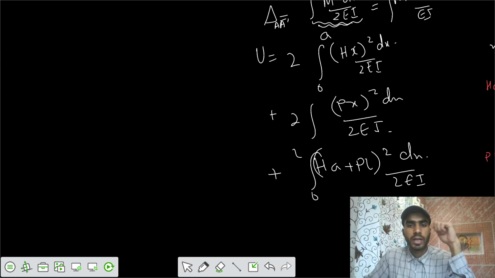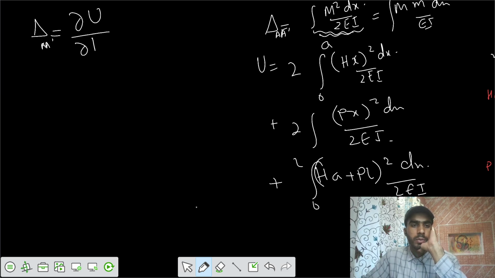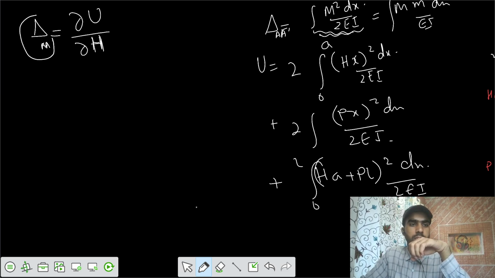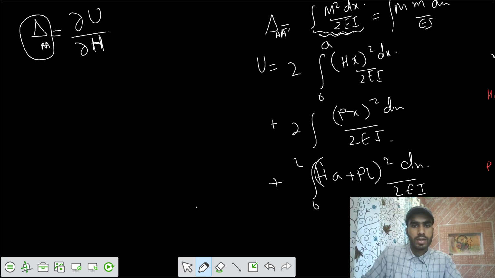So this is the total strain energy, and we know that delta at any location A dash, the relative displacement between any 2 points, is dou U by dou, with respect to the load you applied at that location. Since we applied load at A and A dash both points, we get a relative displacement between the 2 points. So let's solve that.